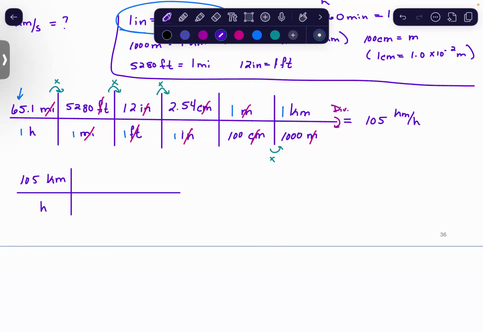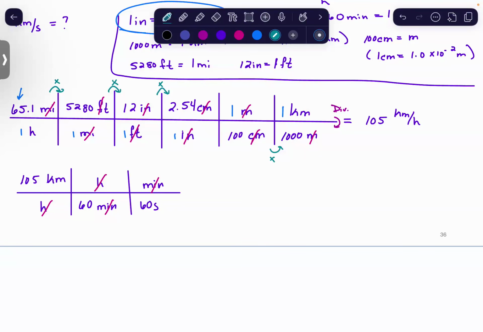All right. So I know that there are 60 minutes in 1 hour, and there are 60 seconds in 1 minute. You notice that hour divides out hour, minute divides out minute, and you end up with kilometers per second. And it's going to be 105. Across the top, it'll be 105 times 1 times 1.